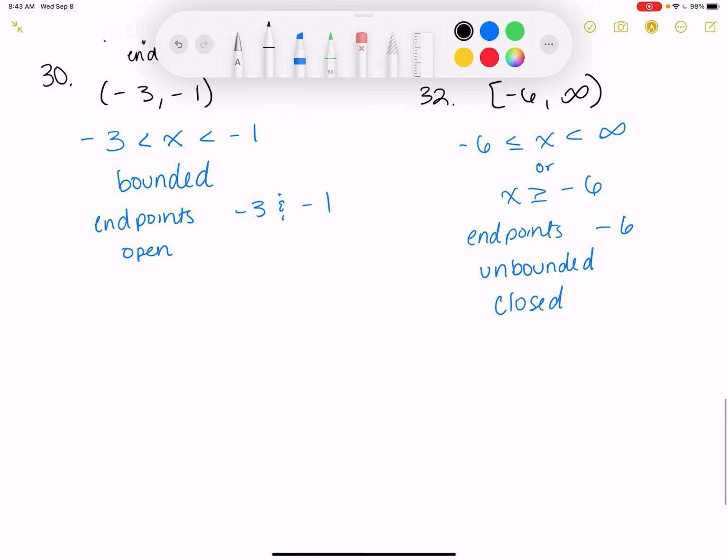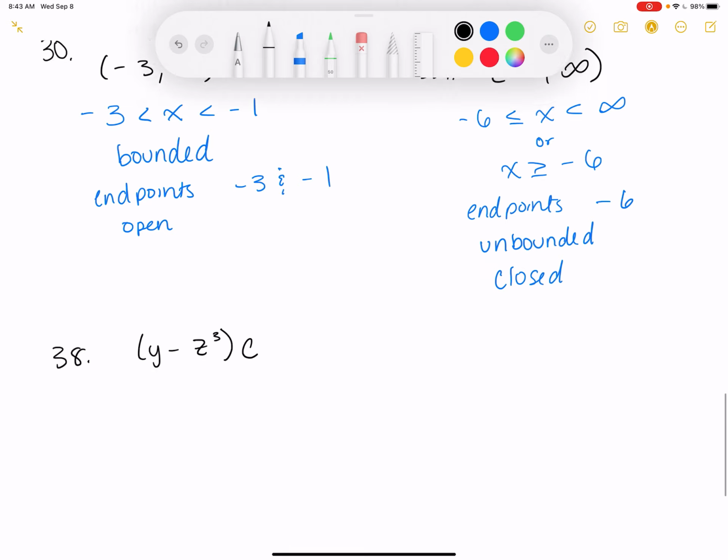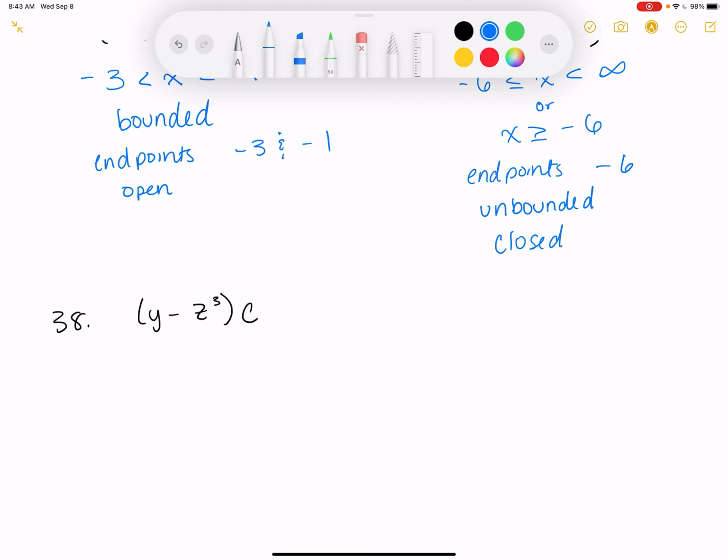So we've got number 38, y minus z cubed times c, and it just wants us to write it, basically just distribute and write the answer. So what would we have there? Do you want the C first or the Y first? It doesn't really matter. I have YC minus ZC, well, Z to the third C.